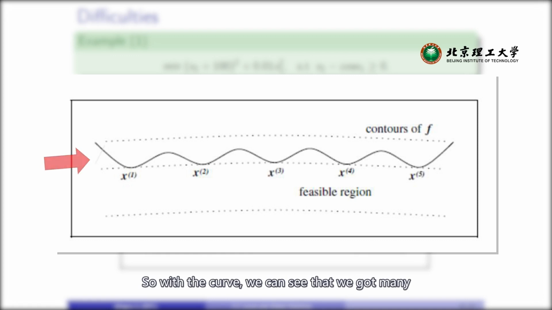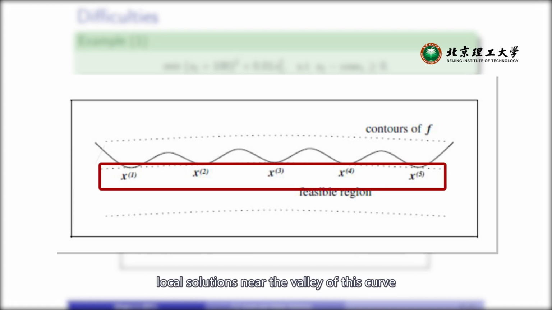With the curve, we can see that we get many local solutions near the valleys of this curve. So this shows that with constraints, things may change dramatically or make it even more difficult to find the minimizers. This indicates that we have to take care of the constraints in a proper way.